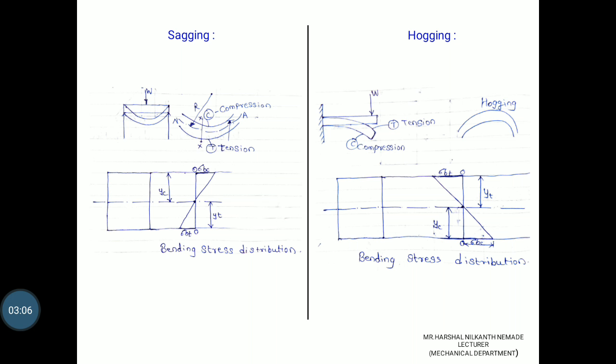In hogging, mostly seen in a cantilever beam, the upper layer is in tension and the bottom layer is in compression. So here again I have drawn one straight line from sigma BT to sigma BC. This is the bending stress distribution diagram.